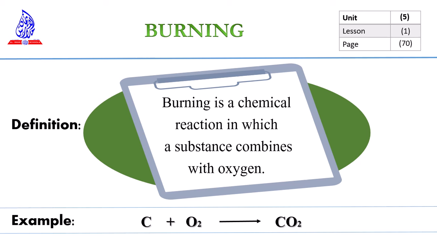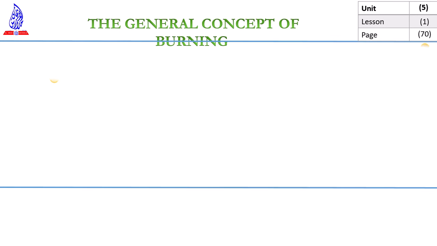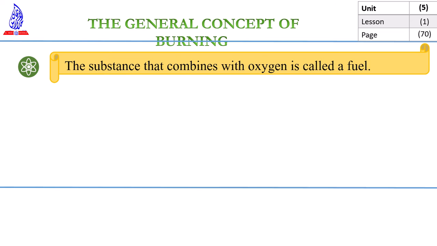So we have a chemical reaction that produced a new substance with a new characteristic. In general, look at here, the substance that combines with oxygen is called a fuel.